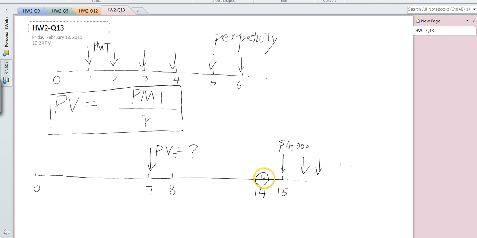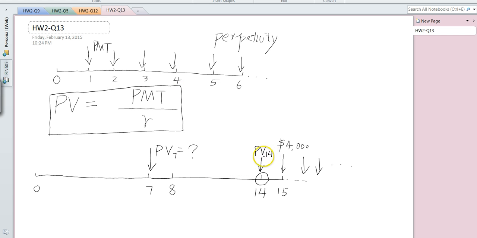So now, when we stand here at year 14, the first payment starts by the end of the year and continues forever. So that's a classical perpetuity. So we can calculate present value in terms of year 14 very easily by applying this formula.